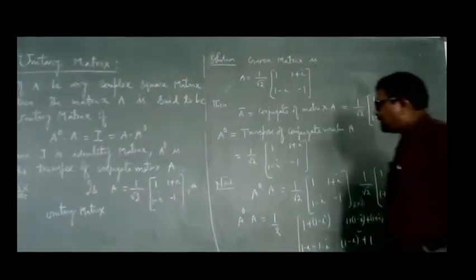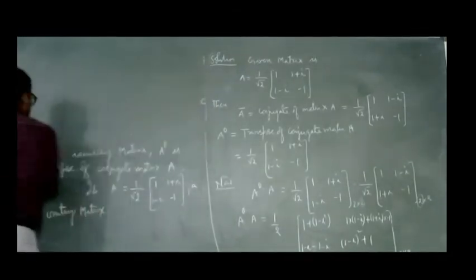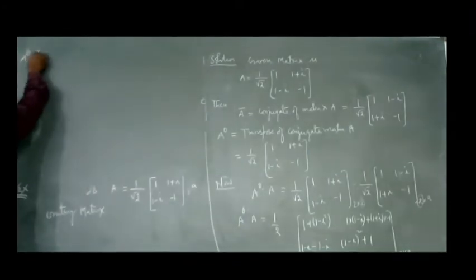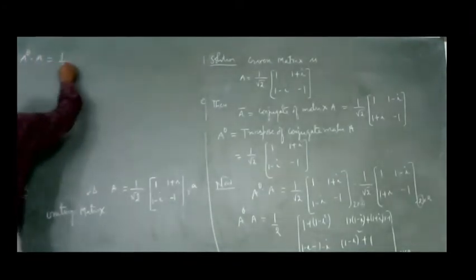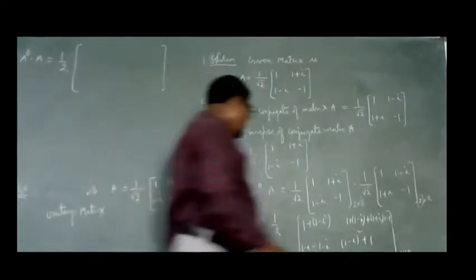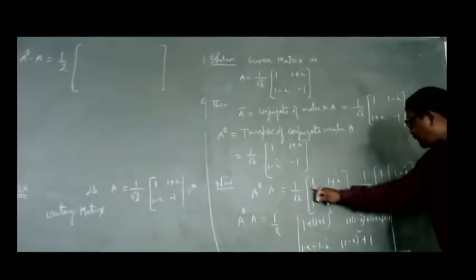Let us find the resulting matrix. You can say A^θ into A is now 1 by 2. Simplify this. What is i squared?